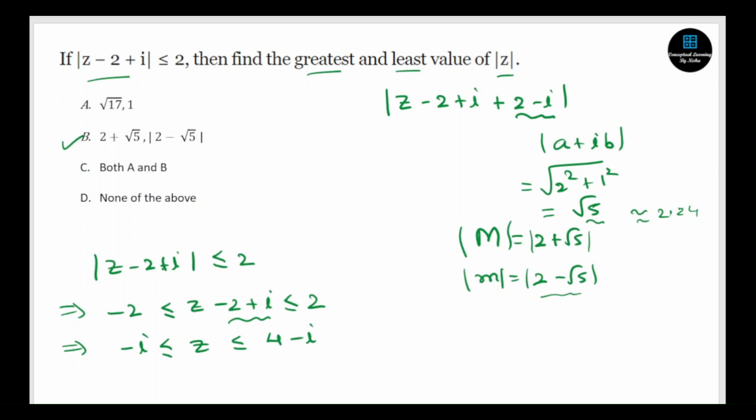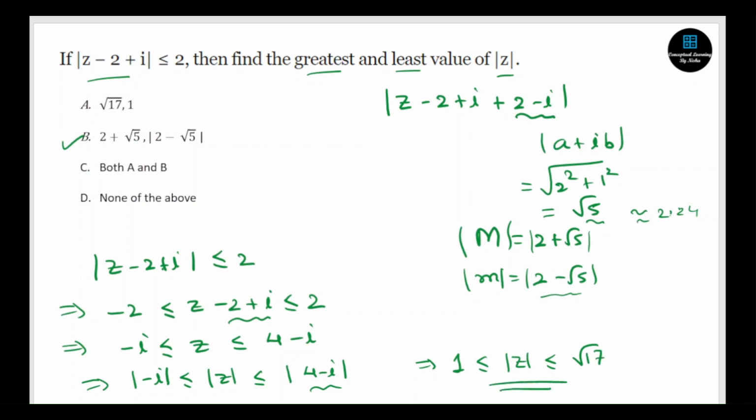And now if I consider the modulus of each of them, mod of negative iota less than or equal to mod of z less than or equal to mod of 4 minus iota, and this gives me what? Here I'll get 1, so this gives me 1 less than or equal to mod of z less than or equal to root 17.